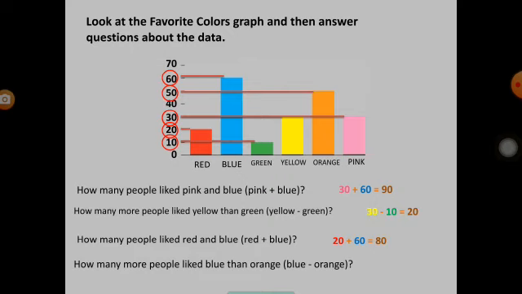The next question. How many more people liked blue than orange? I have in blue 60 and in orange I have 50. So 60 minus 50 gives me 10.